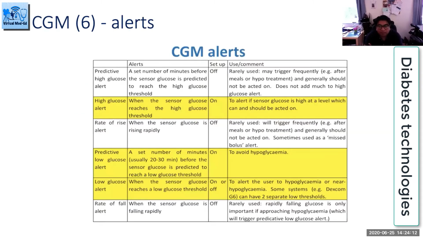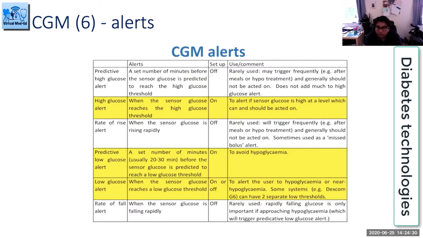So let's talk about alerts. There are so many types of alerts built into all these devices, but I've just highlighted the important ones in yellow. What I would pay particular attention to, the first one, is the low glucose alert. So for example, you can set it at, let's say, 3.5. But the predictive low glucose alert is quite useful.